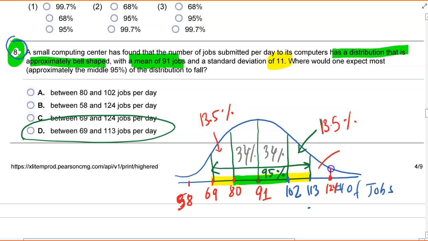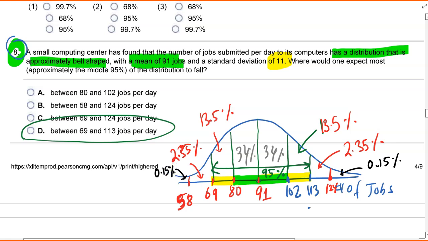Here, 2.35%. Here, 2.35%. Okay, and outside 3 standard deviations here, 0.15%. Here, 0.15%.